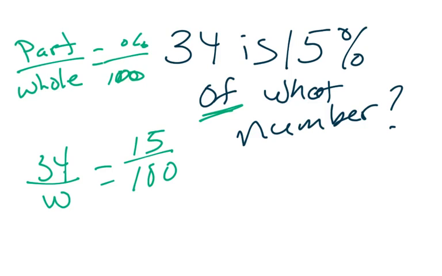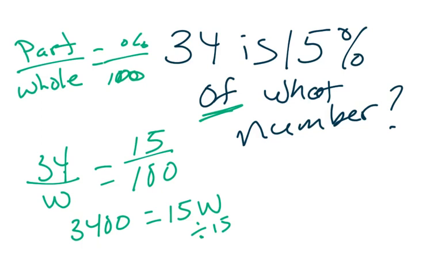So I'd say 34 times 100 is 3,400. And I'm going to set that equal to 15W. And then what I need to do to isolate W is to divide both sides here by 15.